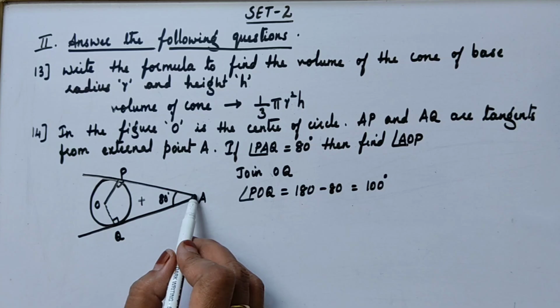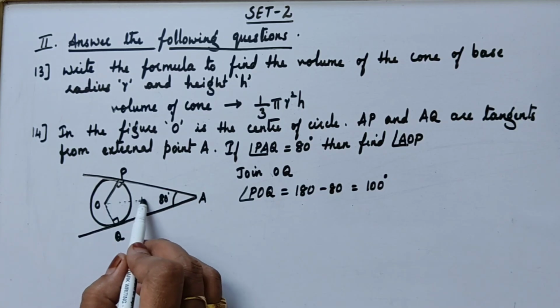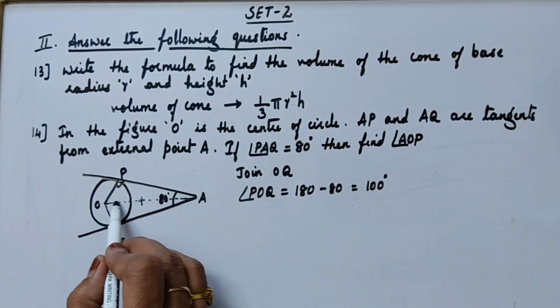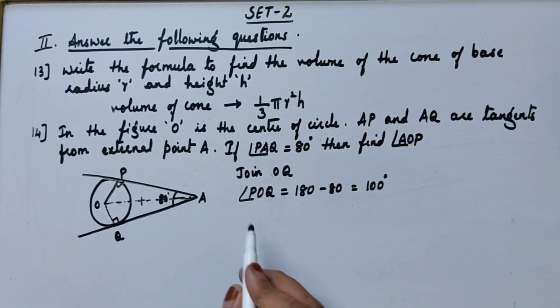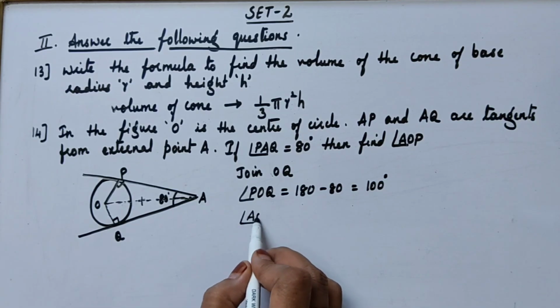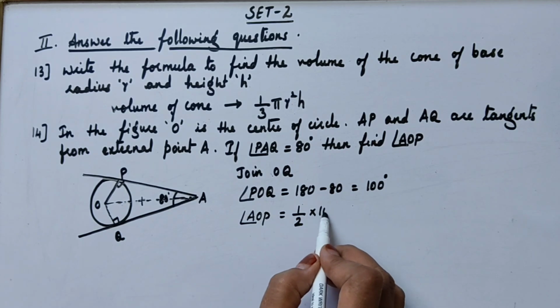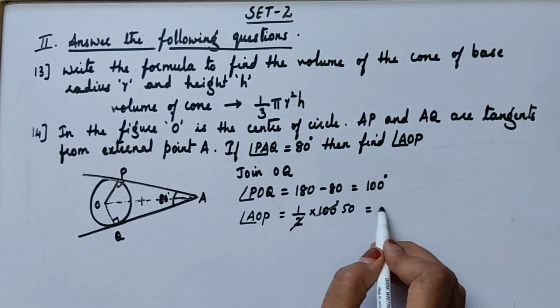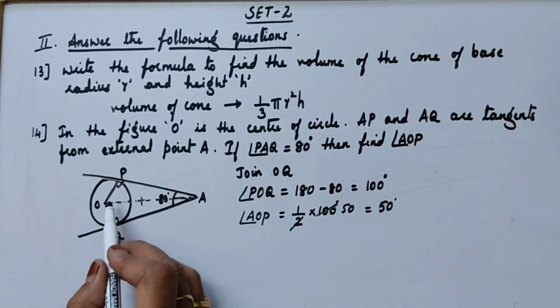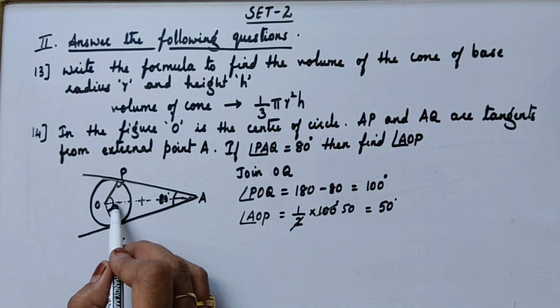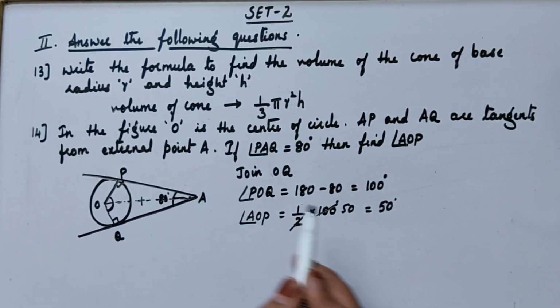Now AOP, half of this angle, angle AOP equals to half of 100 degrees. 2 ones are 2, 5 0s are 0, so equals to 50 degrees. So if this total is 100 degrees, then half of the angle will be 50 degrees, students.